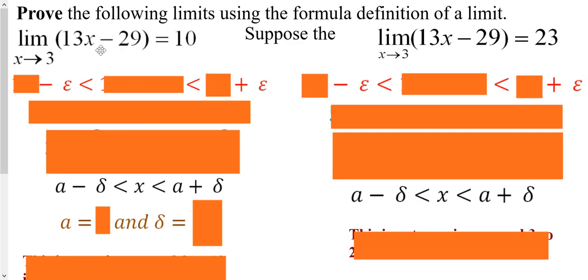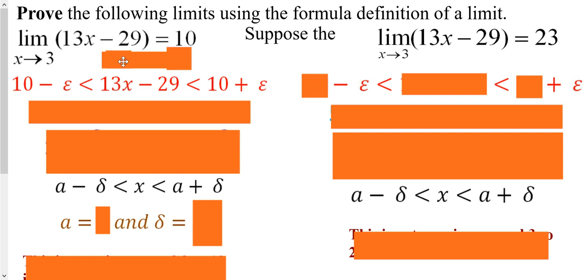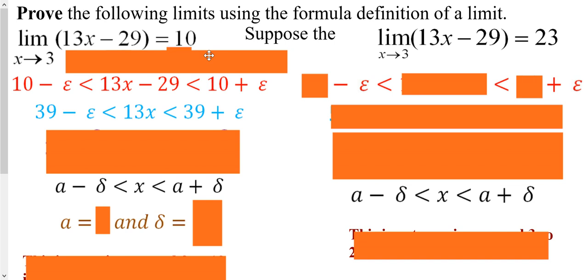We want to use this and then solve the inside for x. So we want to take our function right here and put it between what we think is our limit, which is 10, plus epsilon, and our limit of 10 minus epsilon. Now all we have to do is solve this for x. To solve this for x, I'd have to get rid of this minus 29, so I'd add 29 to everything.